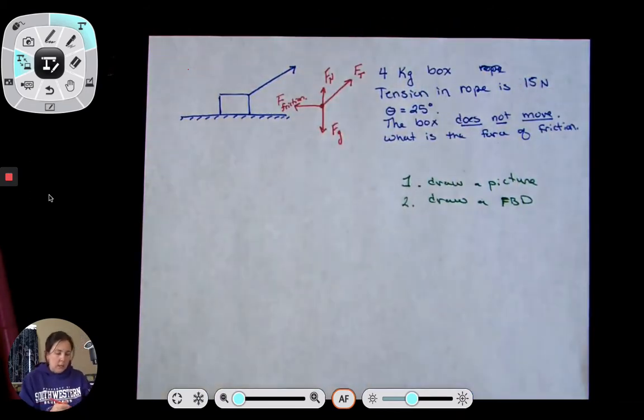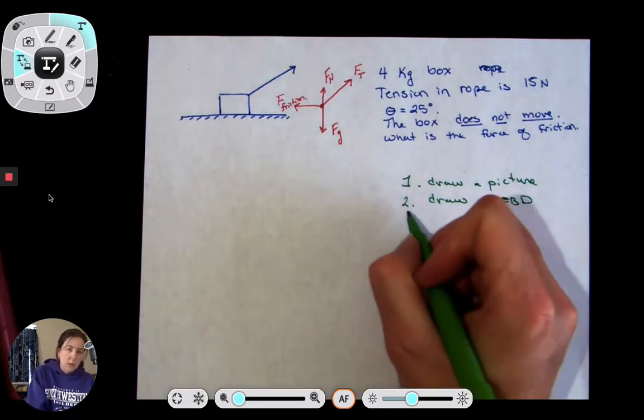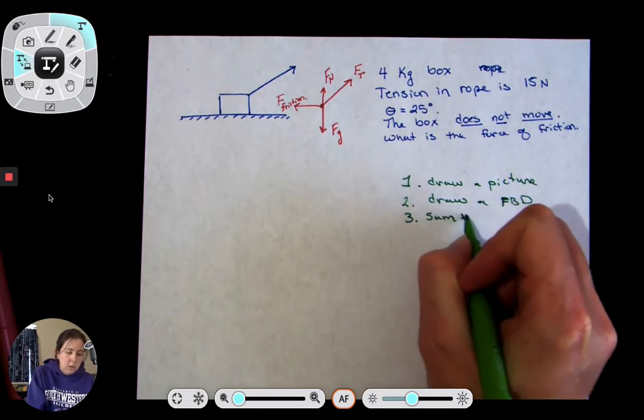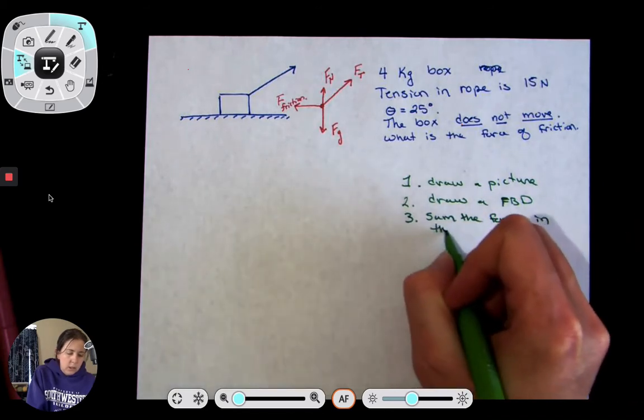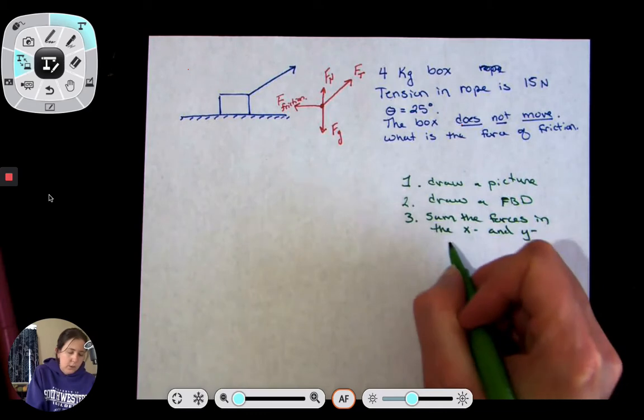Okay, now the second thing, draw a free body diagram. Step 3 then is to sum the forces in the X and Y directions.